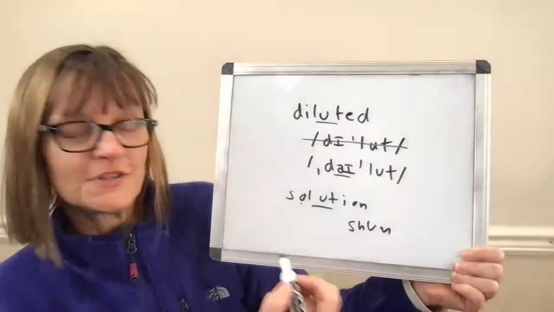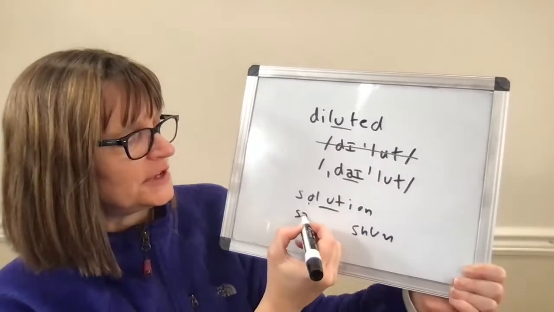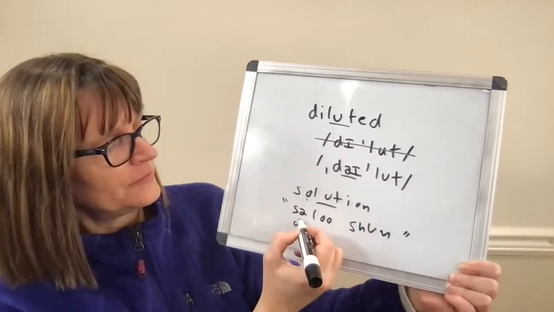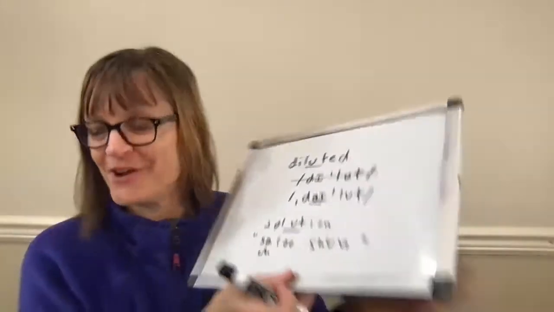And this O is not going to be an O vowel, it's a schwa. So solution, diluted solution. Okay, great. Thanks for helping me clarify and learn something today as well. And thanks for your patience as I was looking it up.